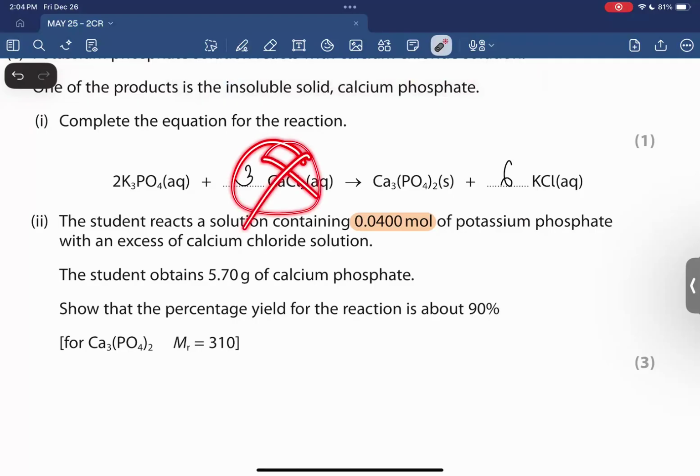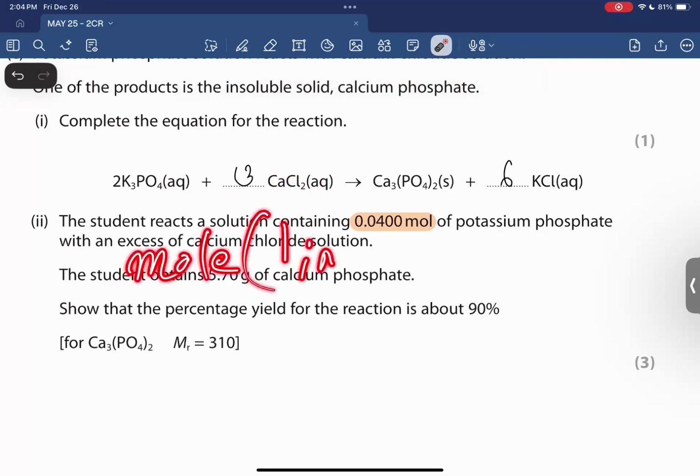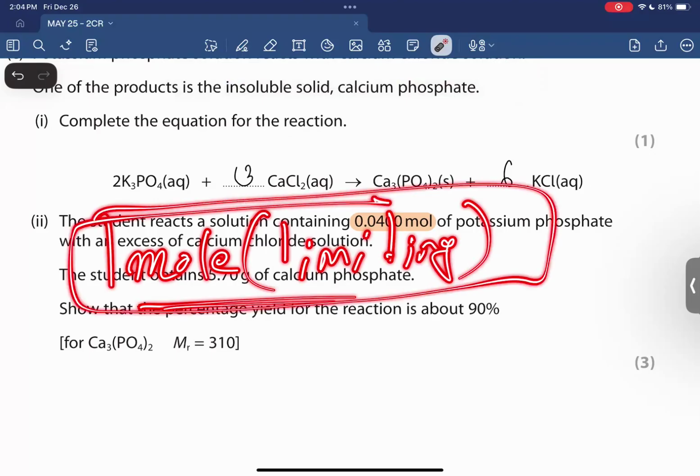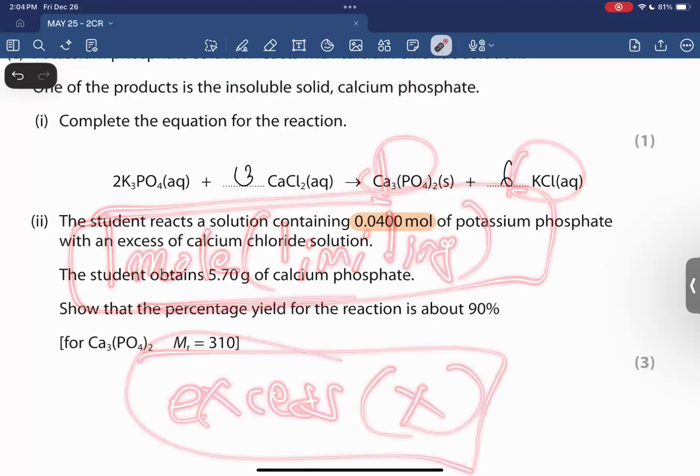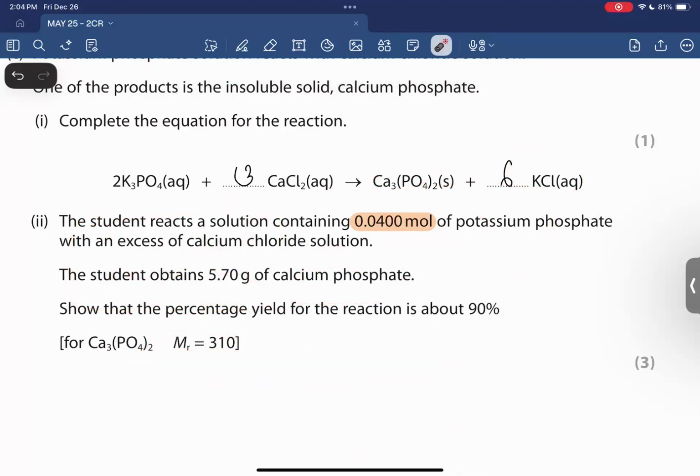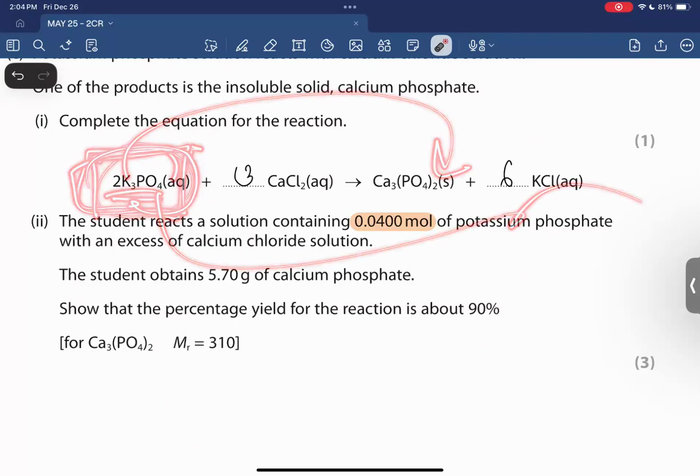So in any further calculation, we're basically going to use the moles of the one that is limiting, right? We're going to use the moles of it for figuring out the moles of other substances. The one that is in excess, we are obviously not going to use it, okay? So when you're having multiple moles, you're going to use the moles of the compound that is limiting. So for this, it is limiting. Hence, we are going to use this mole to figure out the moles of other compounds, okay?